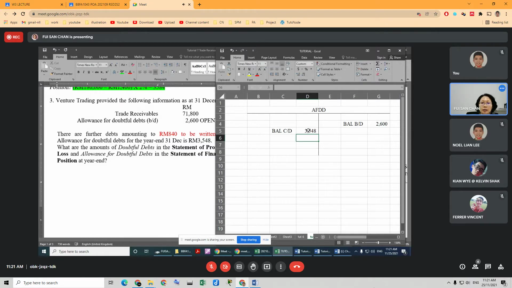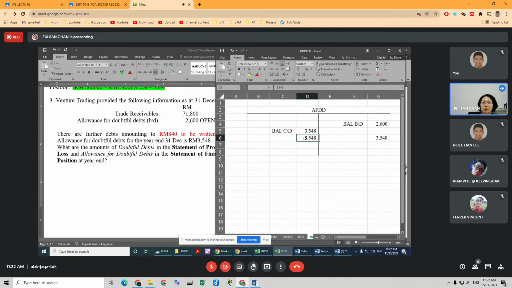Now you know that we have to close this account at the end of the year. In order to balance the debit side and credit side, you will put an amount here, because here is 3548, here is 2600. If you want to close your account, it will be like this.